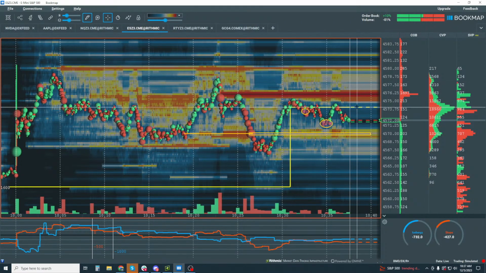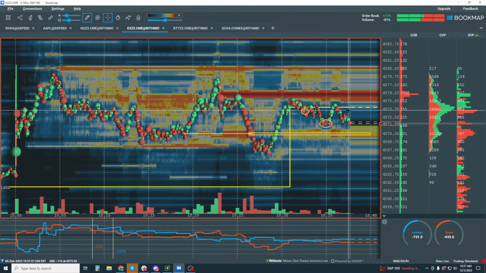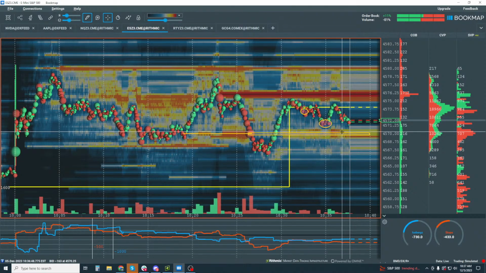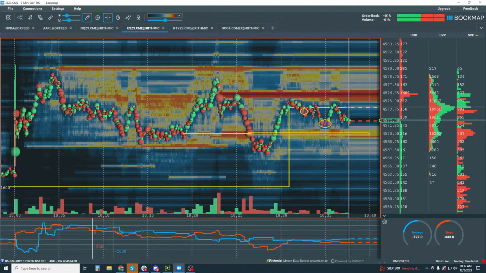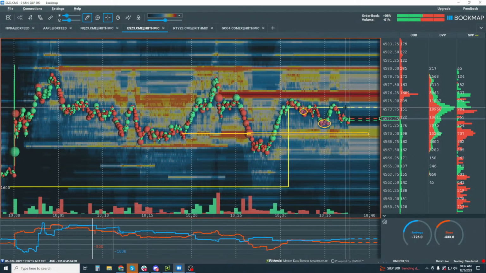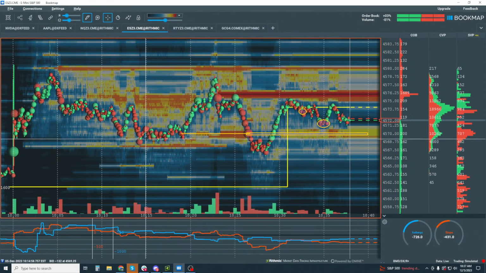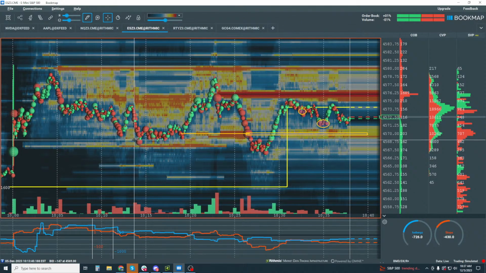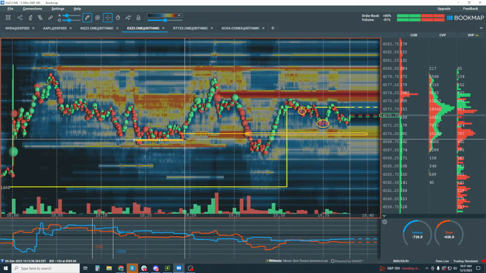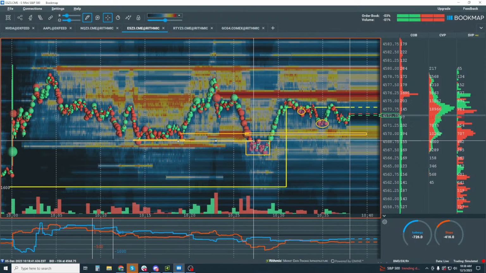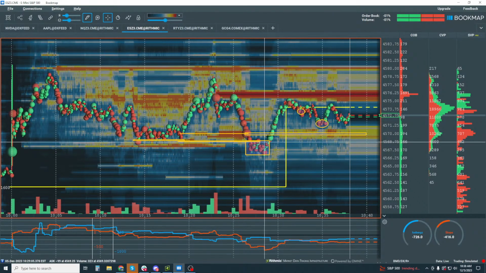Now the challenge is to start to understand the market structure within the volume point of control. You can see we had some swings in here. This is the potential trap volume below that swing that moved the market potentially higher.